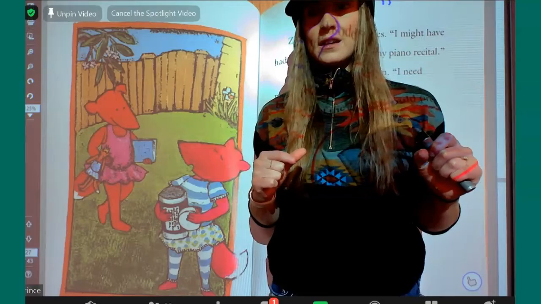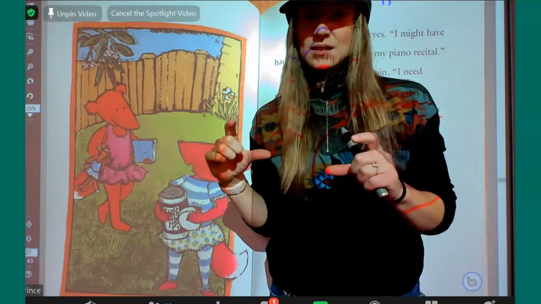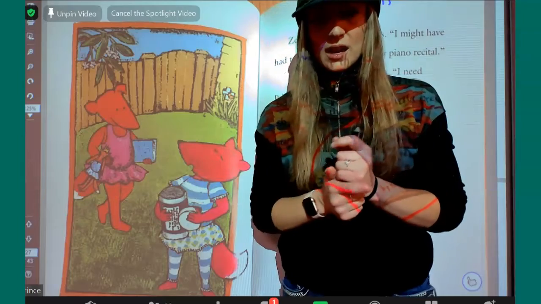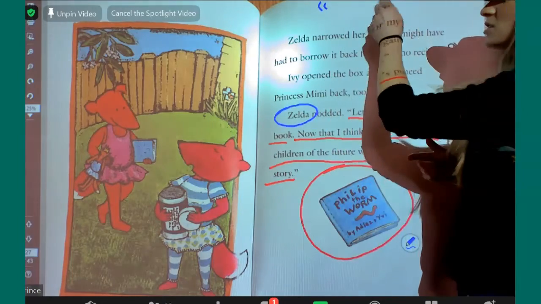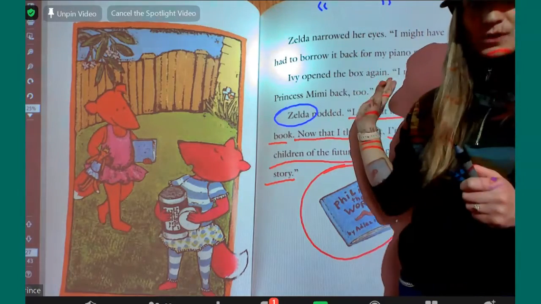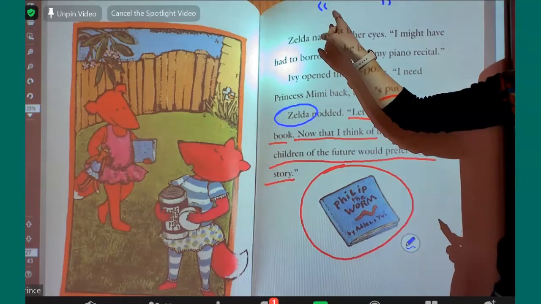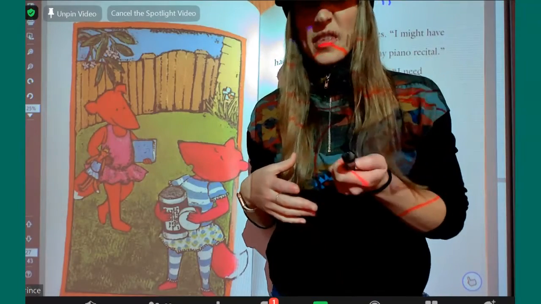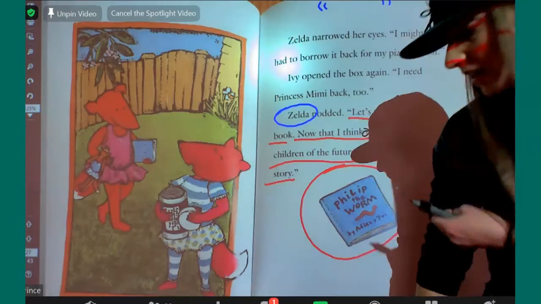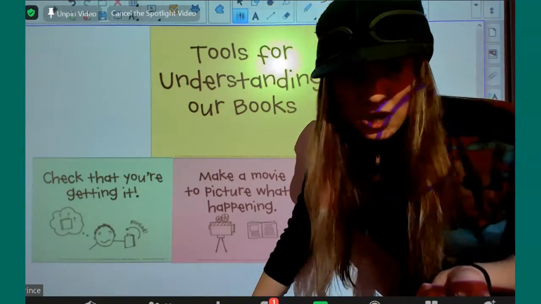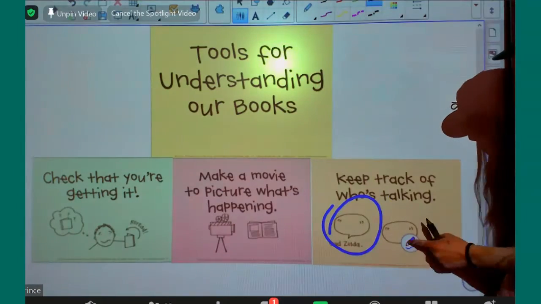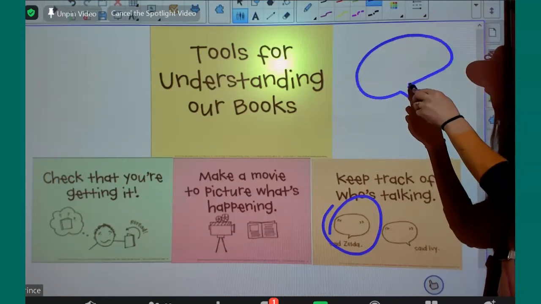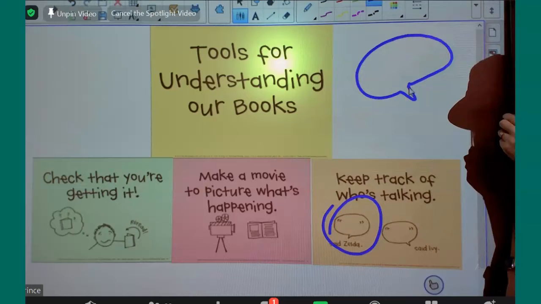Or if it said, Piggy asks, blah, blah, blah, then we know that Piggy is the one talking, and they'll make sure to use quotation marks. In these big chapter books, you will see these a lot. If it is a smaller picture book, they might not use them as much, but they can use different ideas to identify who's talking. Like in the Piggy and Gerald books, they might use just a speech bubble. So you might find something that looks like this, and that's going to help us identify who's talking.